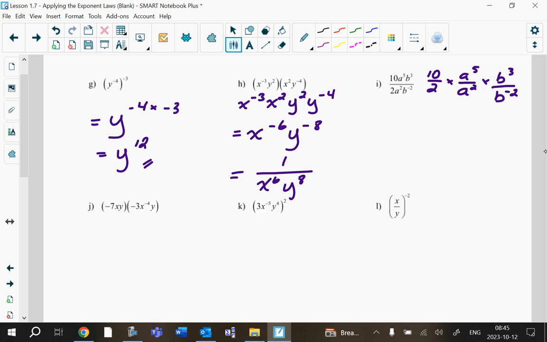So I do each of these divisions and then I reconnect them by multiplication, put them beside each other. So 10 divide 2 gives me 5, times, and I don't have to write the times symbol, a to the 5th divide a squared, a to the 3rd, times b to the 3rd divide b to the negative 2nd.